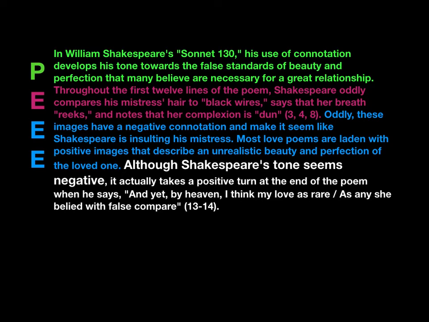And my sentence for my example is: it takes a positive turn at the end of the poem when he says, and yet by heaven I think my love as rare as any she belied with false compare. So I pretty much quoted the one section of the poem where it turns into a clear positive tone, because that's my question. How does this connotation develop tone?